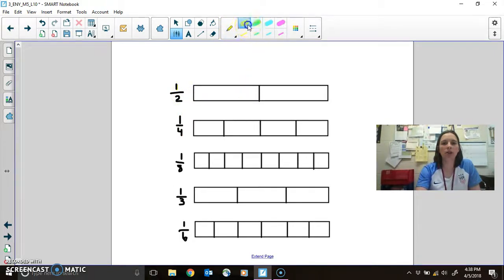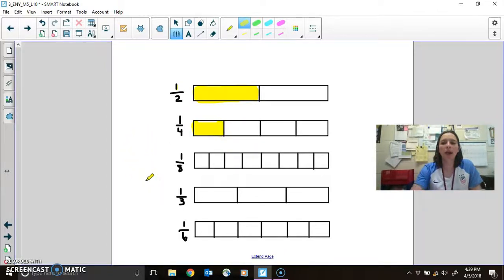Highlighter out here. Okay, so if I shade only 1/2, I'm just going to shade in 1 of those half pieces. The next one says shade 1/4. So I'm going to shade 1 of those 4th pieces.